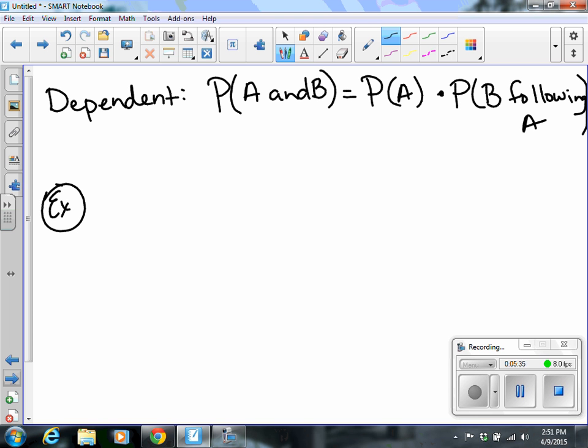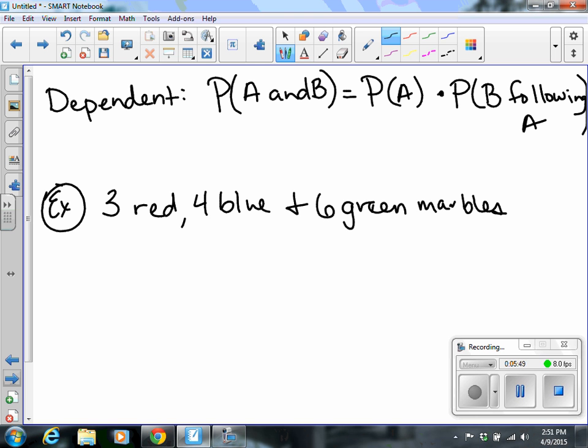So for instance, I'm going back to my marbles. I have 3 red, 4 blue, and 6 green marbles. After selecting, the marble is not replaced.